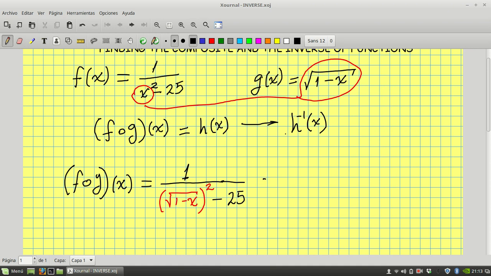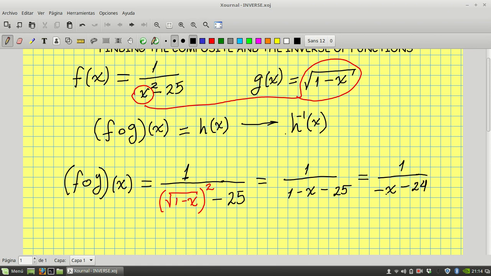Okay, so let's solve. The root to the second power is going to give 1 minus x minus 25, and minus 25 plus 1 is negative 24, so minus x minus 24.